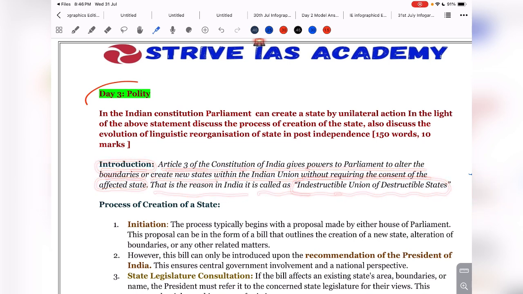That means under Article 3, Parliament can create or divide any state without taking the consent of the states. For example, during the creation of Telangana, the Union government created the state without taking approval or permission from Andhra Pradesh. So that is why our Constitution is called an indestructible union with destructible states.